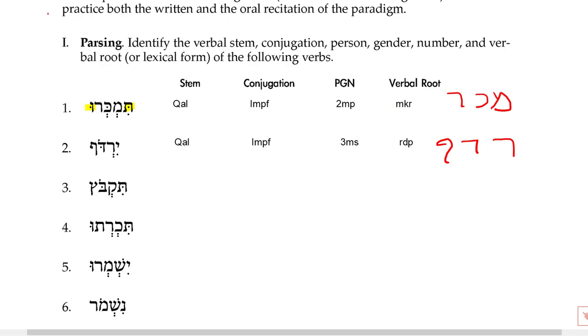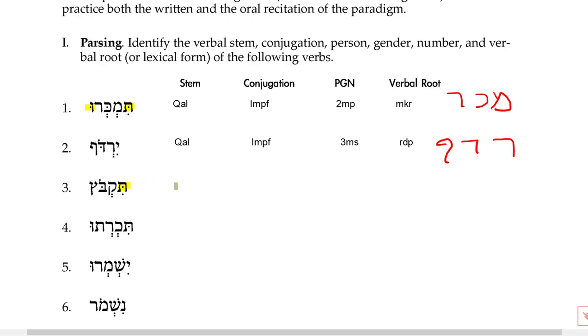All right, let's look at the next one here. We have tiqbots. Tiqbots. So we have this tav prefix, no suffix, and then our root letters are qof, bet, tsade. So it's qavats, which means to collect or gather.